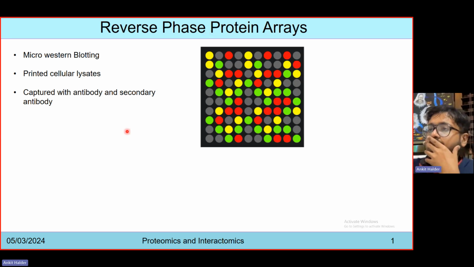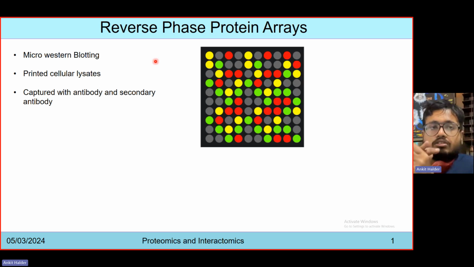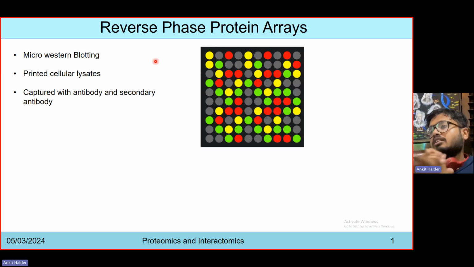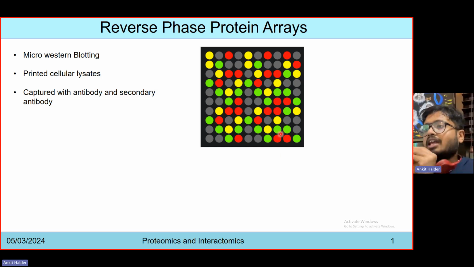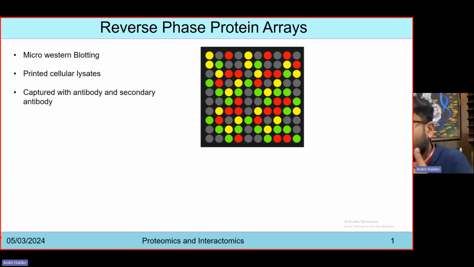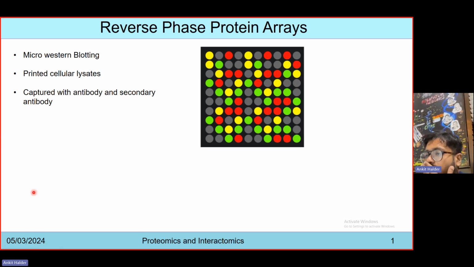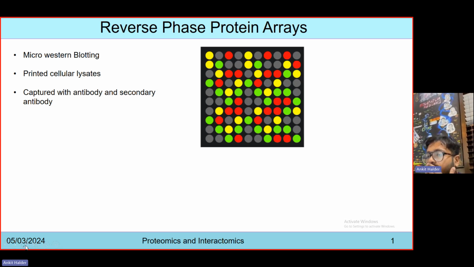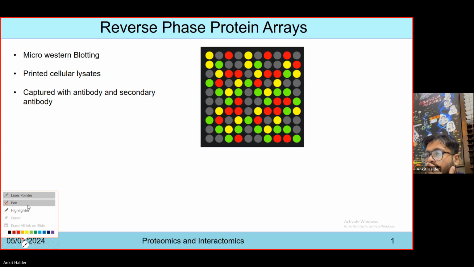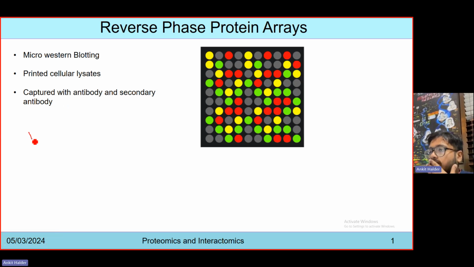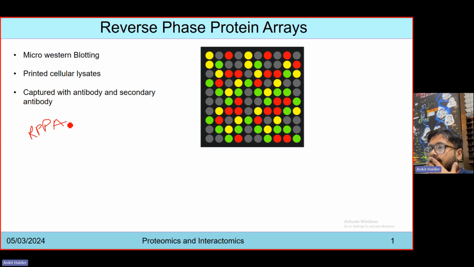Here, the major thing we looked into the previous week is having the printed cellular lysates over these channels, captured with the antibody and the secondary antibody. So there are two major things we can say about reverse phase protein arrays, or RPPA in short.